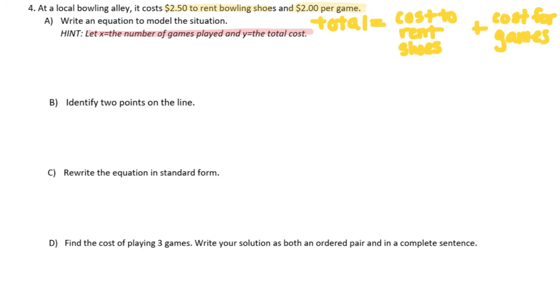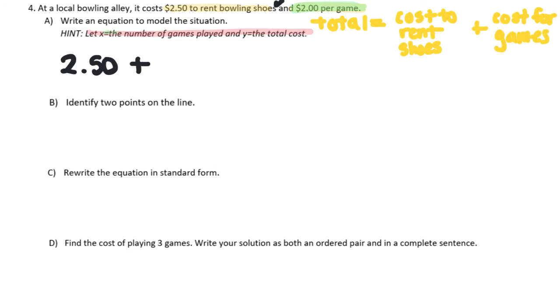Now if I substitute here, we know that it should be $2.50 to rent the bowling shoes. So I'm going to write my part of the equation. It'll be 2.50 for the first part. Then it says plus it's $2 per game. Since it's $2 per game, that's the indicator to us that this is going to be the one that involves the slope because it is a rate.